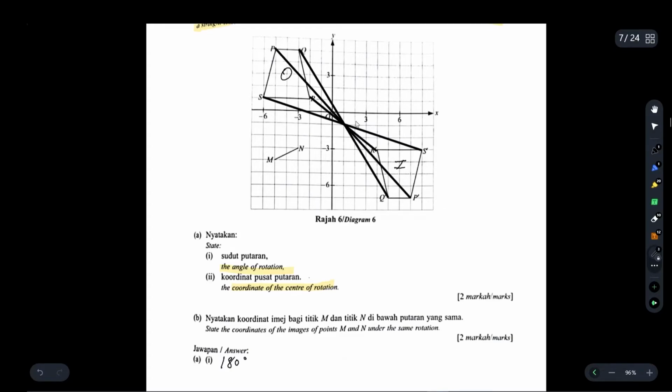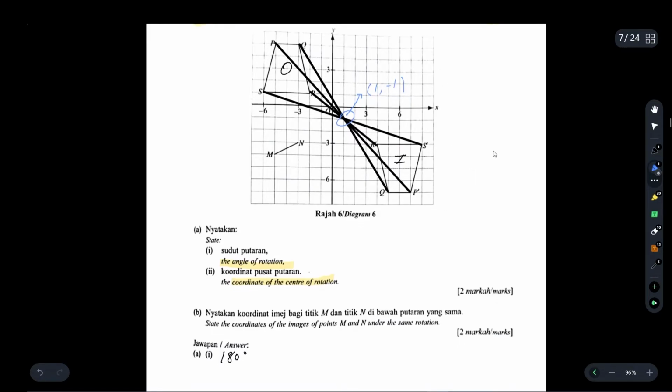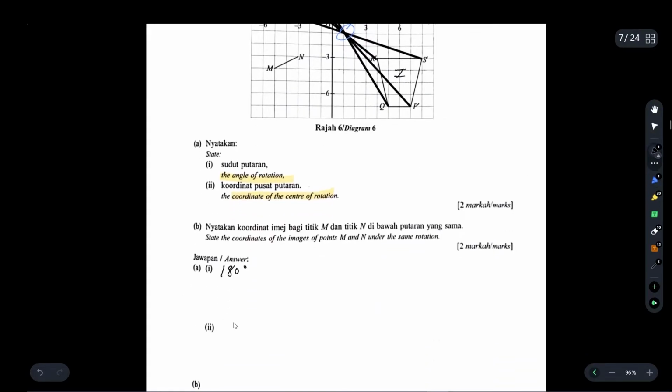This is what I do. And you can see that all these lines intersect at one point right here. What is the point? Yep, 1, and -1. So that's the coordinate of the center of rotation. Easy, right?